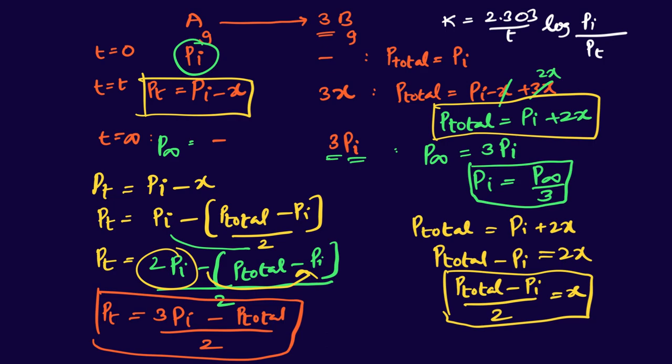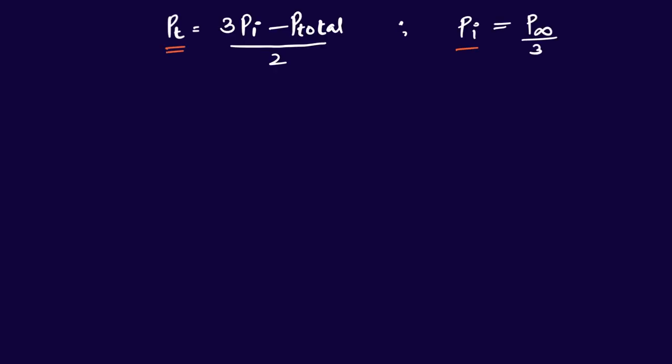Now we know that the initial pressure Pi is P infinite by 3. We will substitute in this equation: 3Pi minus P total by 2. So now we know the pressure at t time and the initial pressure, then we can substitute in this equation.